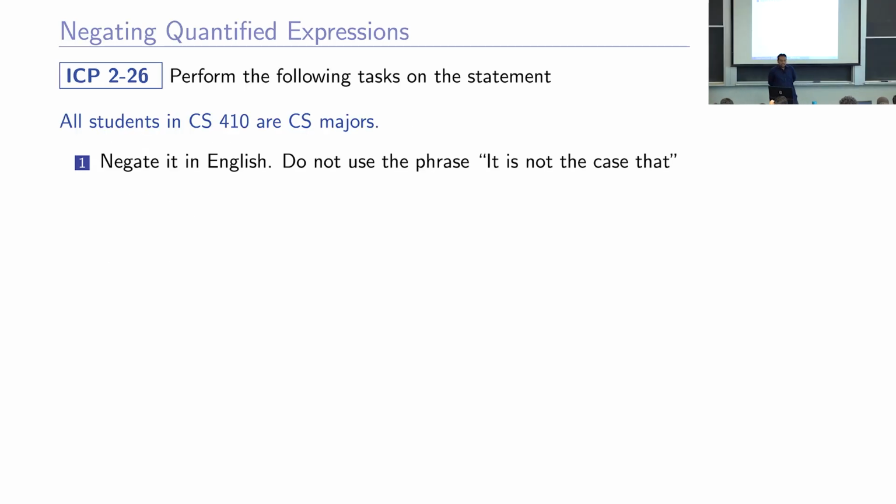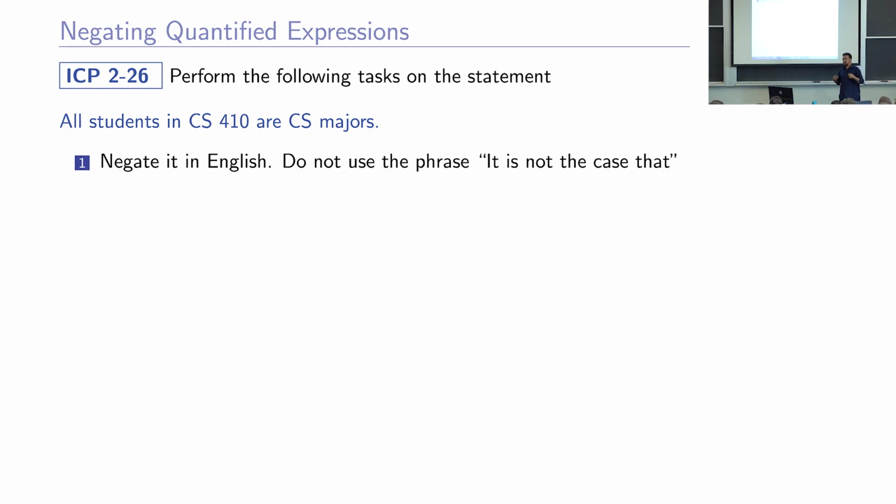Okay. Let me just do this one thing. It's an ICP. We're going to do it, and the rest of the next slide is going to be for your practice. All students in CS410 are CS majors, right? I don't know what CS410 is, but I just wanted to write a course with a 400 level CS code, assuming only CS majors are going to take that course.